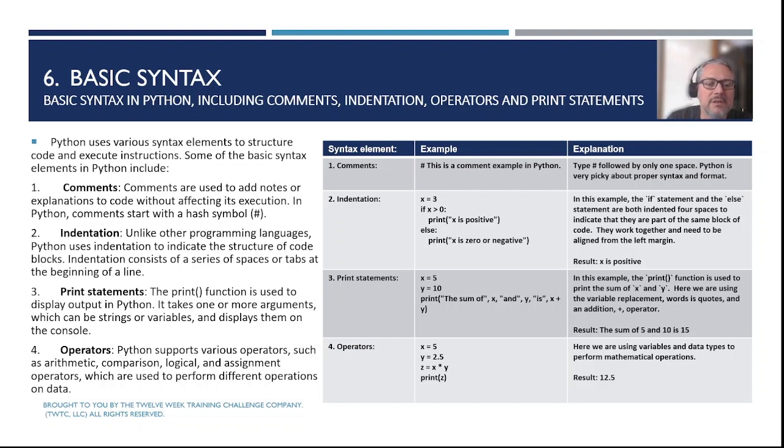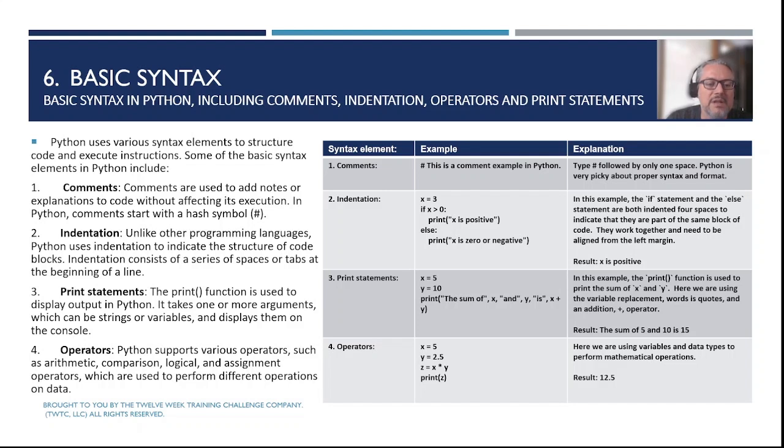In print statements, the print function is used to display output in Python. It takes one or more arguments, which can be strings or variables, and displays them on the console. So the result is what's being displayed after you request a print statement. Operators.